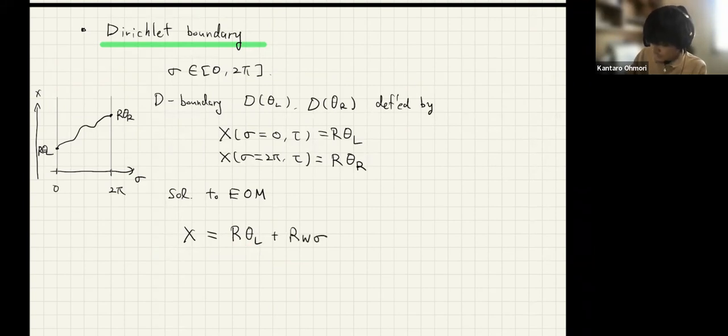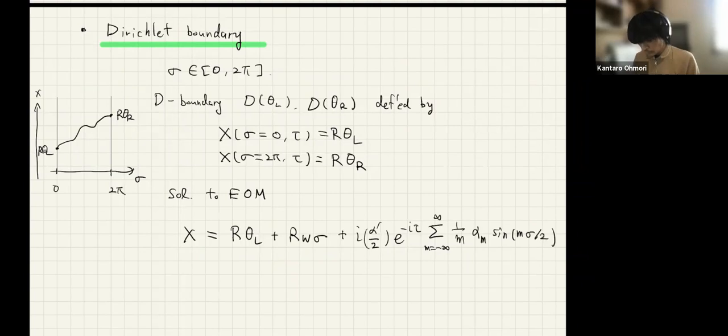Then we have this, and there's no tau-independent linear term, then this one, sine of m sigma over 2.